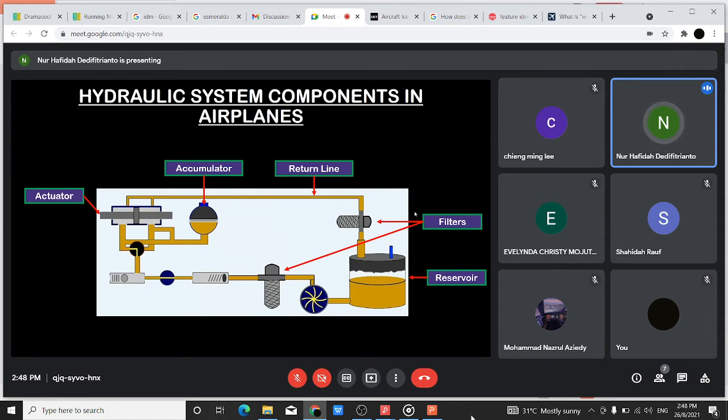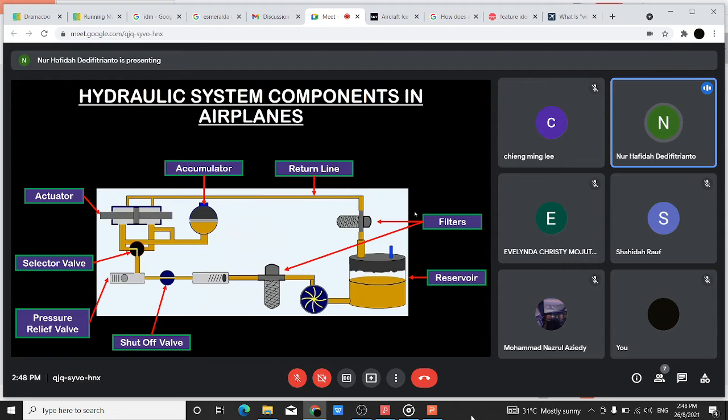So this is the actuator. And then the next ones are the selector valve, pressure relief valve, shut off valve, the check valve, and also the most important one, the pump.